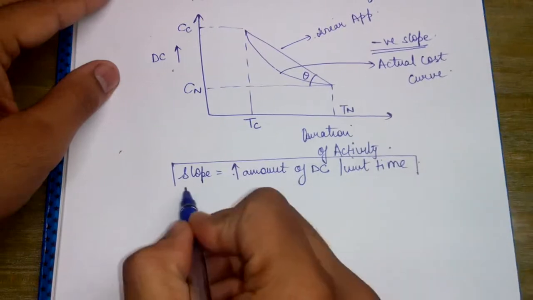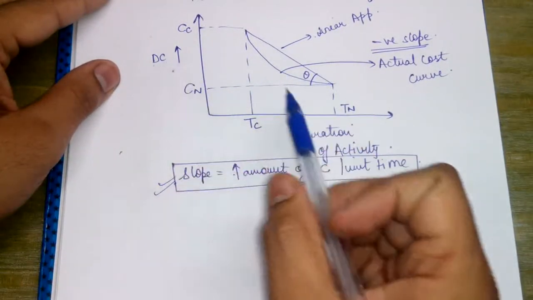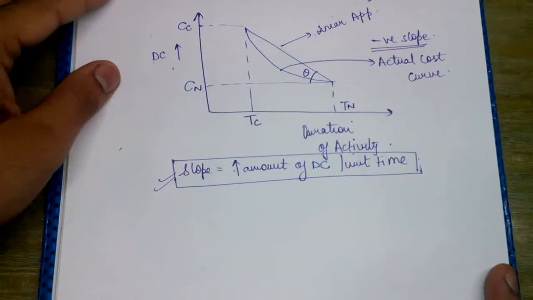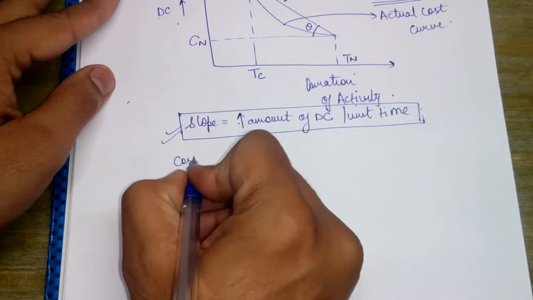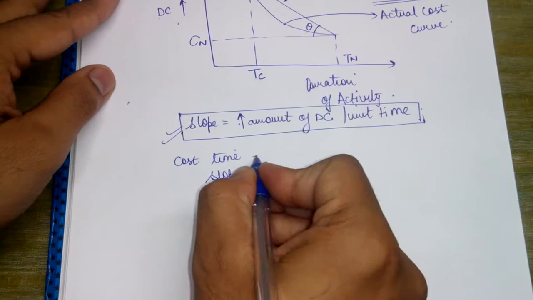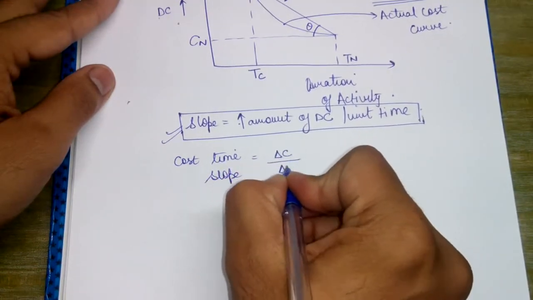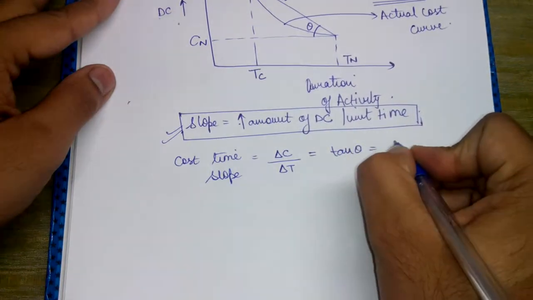This is very important and you need to remember what is obtained from the slope of direct cost versus time duration. The cost time slope is delta C upon delta T, which is equal to tan theta.